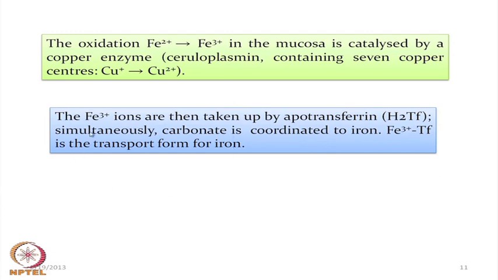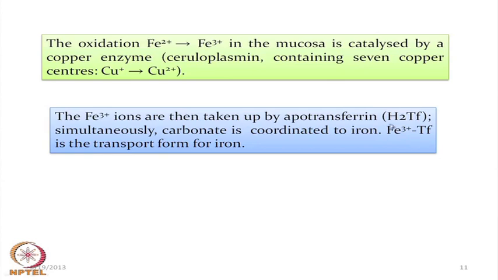So, when these ferric ions are taken up by some groups of molecules which are known as apotransferrin. So, transferrin molecules are nothing but apotransferrin, meaning without the metal center. So, this is basically some protein part of the biological system which is functioning as a good ligand or big macromolecular ligand system.